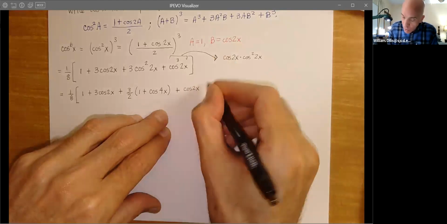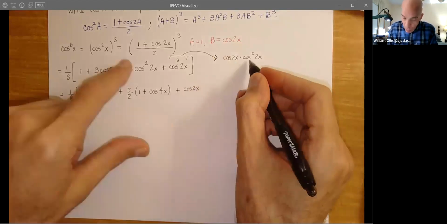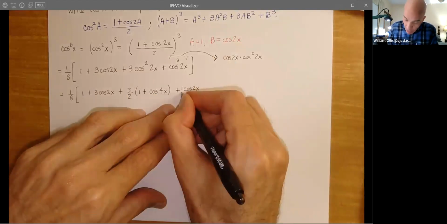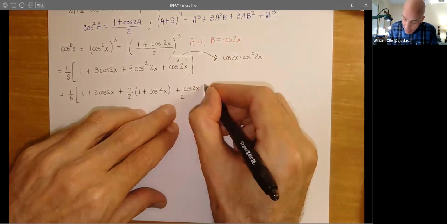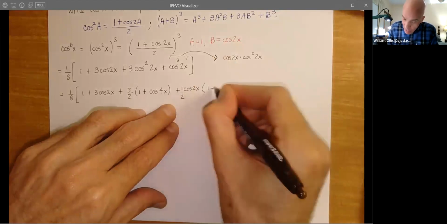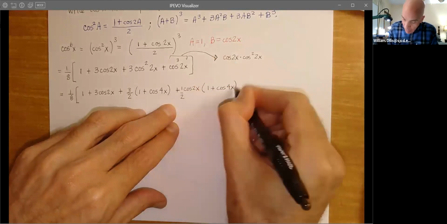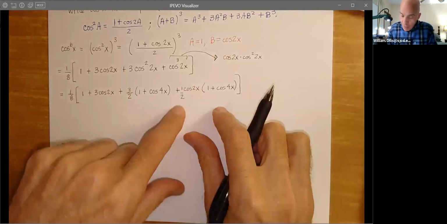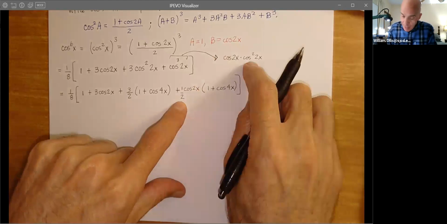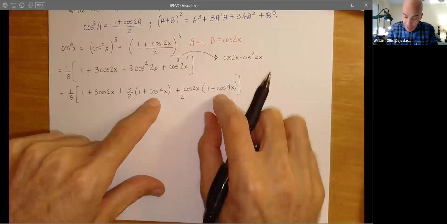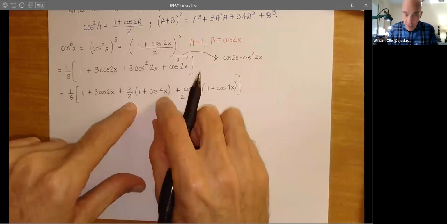And then, of course, we'll do the same thing, we'll do what we did here, and we get a 1/2. I'll just stick the 1/2 right here. And this gives us 1 plus cosine 4x. Again, we apply the reduction formula to get this factor, just like we did applying it here.